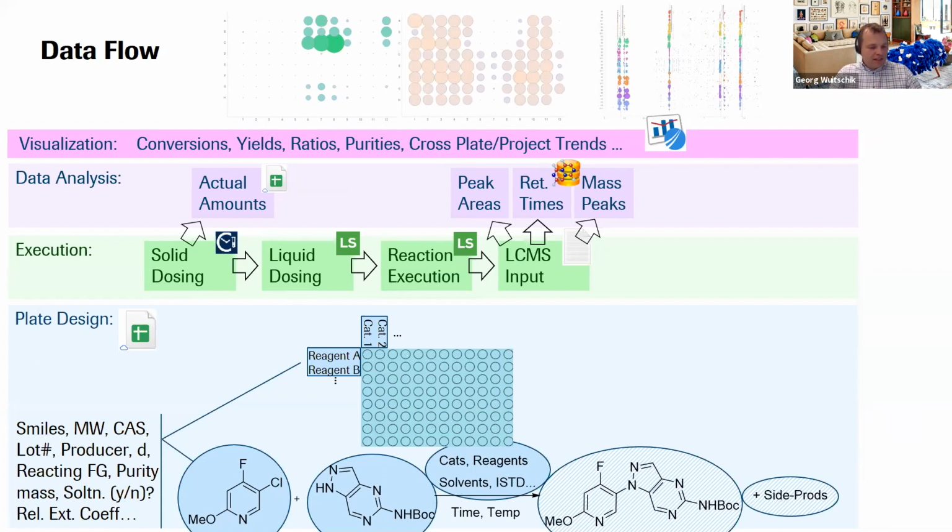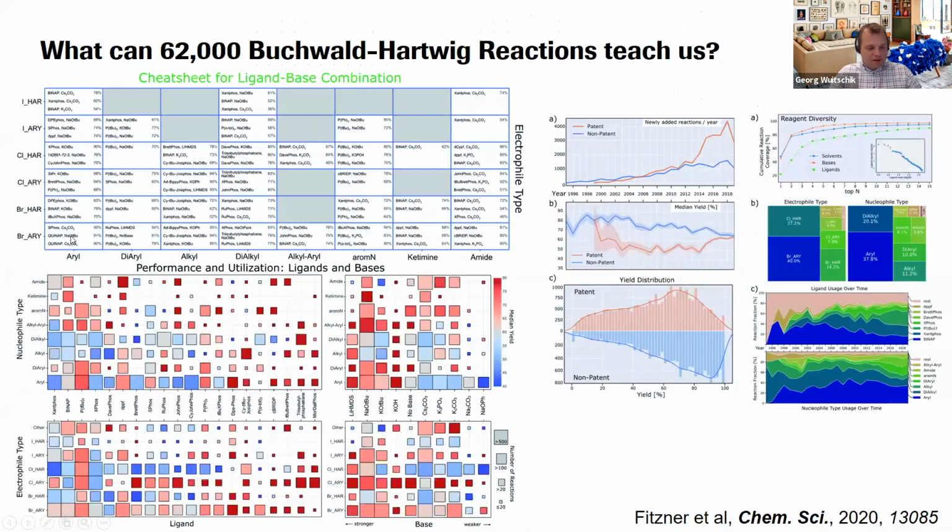But before that, let me give you a shameless plug of a paper that we published last year, in which we looked at all the 60-whatever thousand publicly available Buchwald-Hartwig reactions that you find in SciFinder, Reaxys, and other public databases, and then extracted what are good or typical conditions for whatever substrate pairing you may want to work with.